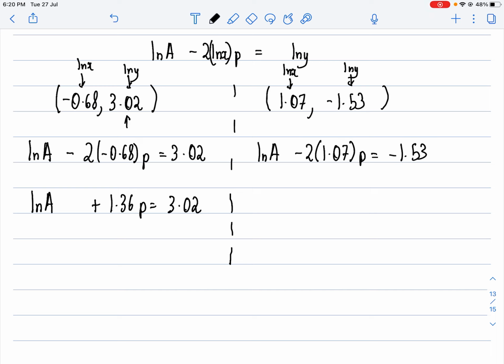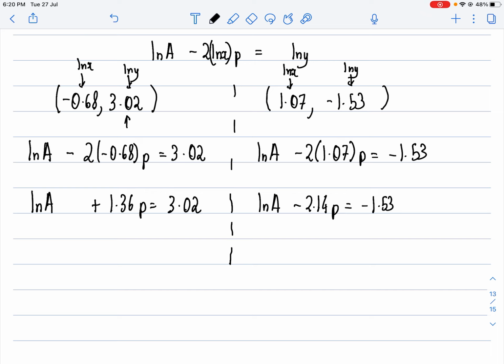This is what I basically get. Now on the calculator I can do minus 2 multiplied by 1.07, which basically gives me ln A minus 2.14p equals minus 1.53.